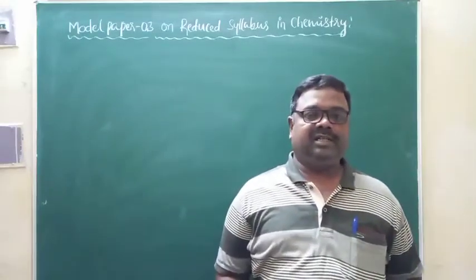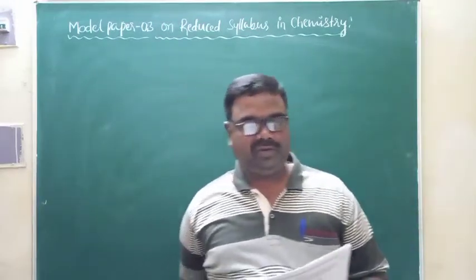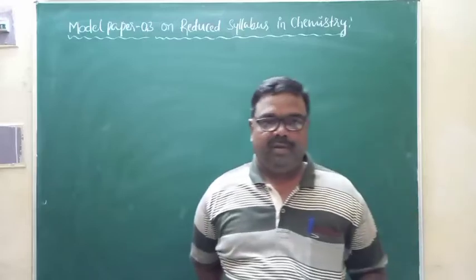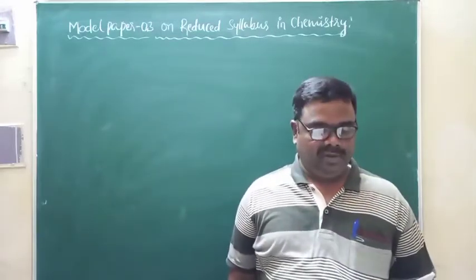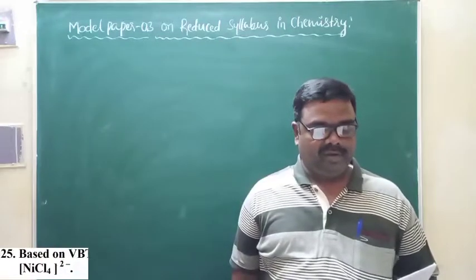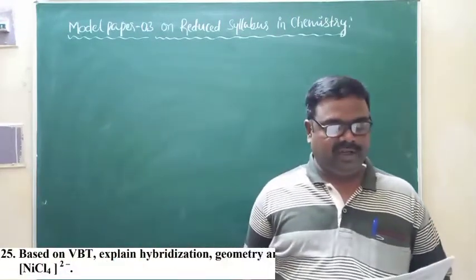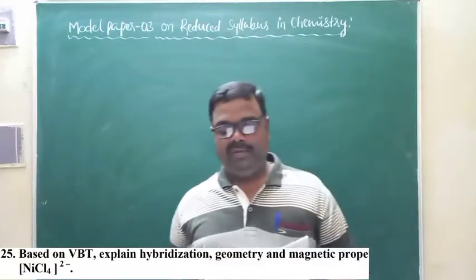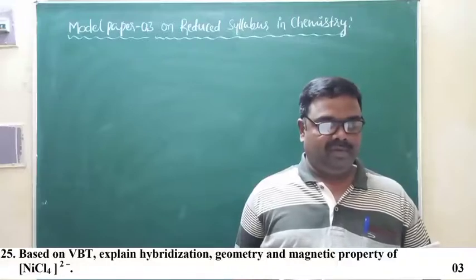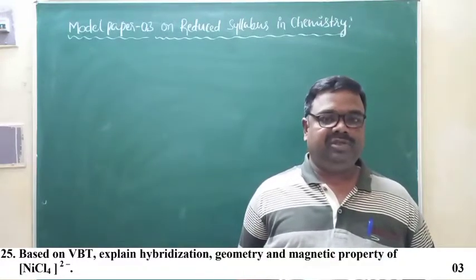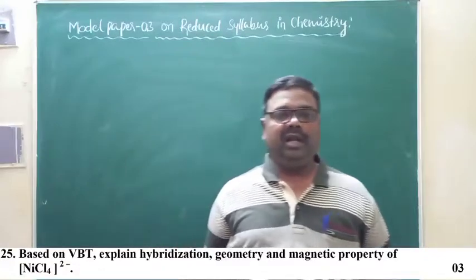We'll continue the discussion in part C of the question paper, that is question number 25, from the coordination compounds chapter. The question is: based on VBT, valence bond theory, explain hybridization, geometry and magnetic property of [NiCl4]2-, tetrachloridonickelate(II) ion.